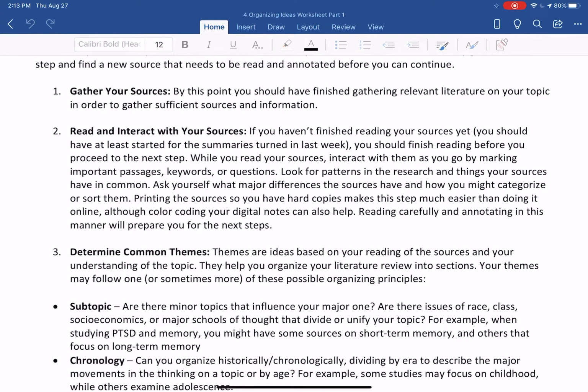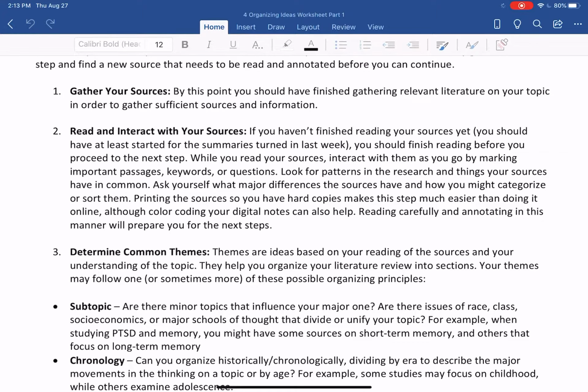By this point, you should have finished gathering relevant literature on your topic, and hopefully you should have read your sources. If you haven't done this yet, you should finish reading your sources before you move on to the next step. We talked about this last week, but while you read your sources, you want to interact with them as you go.